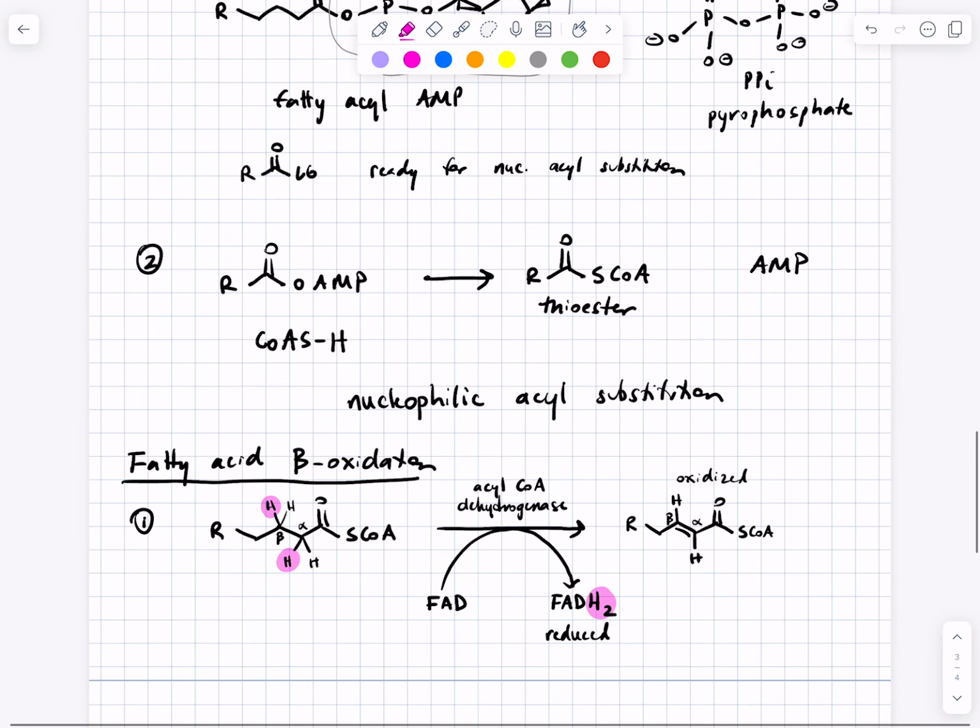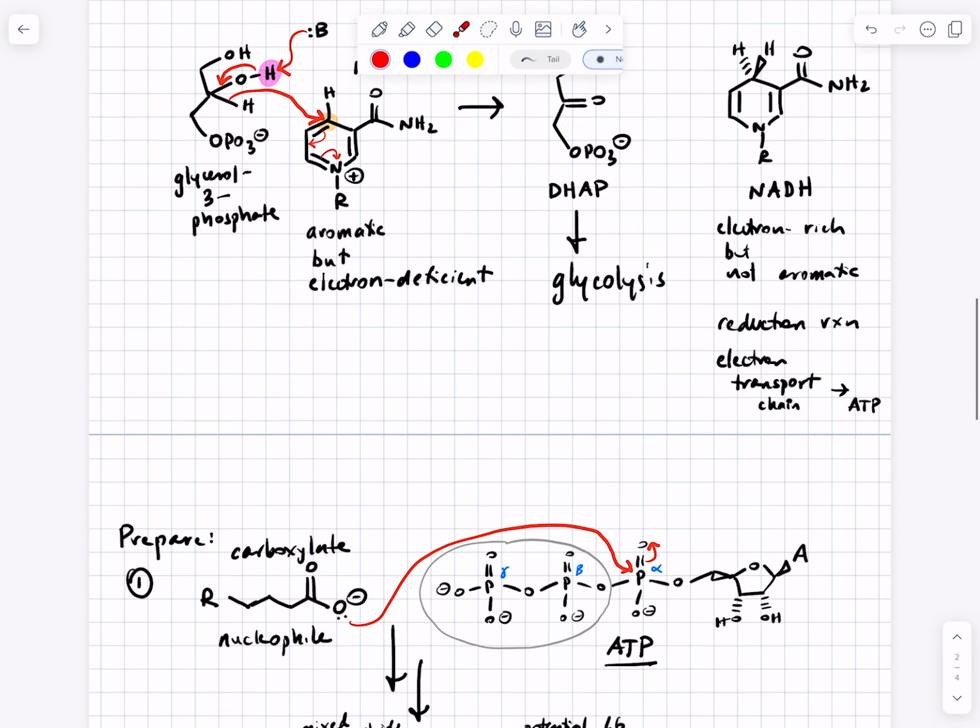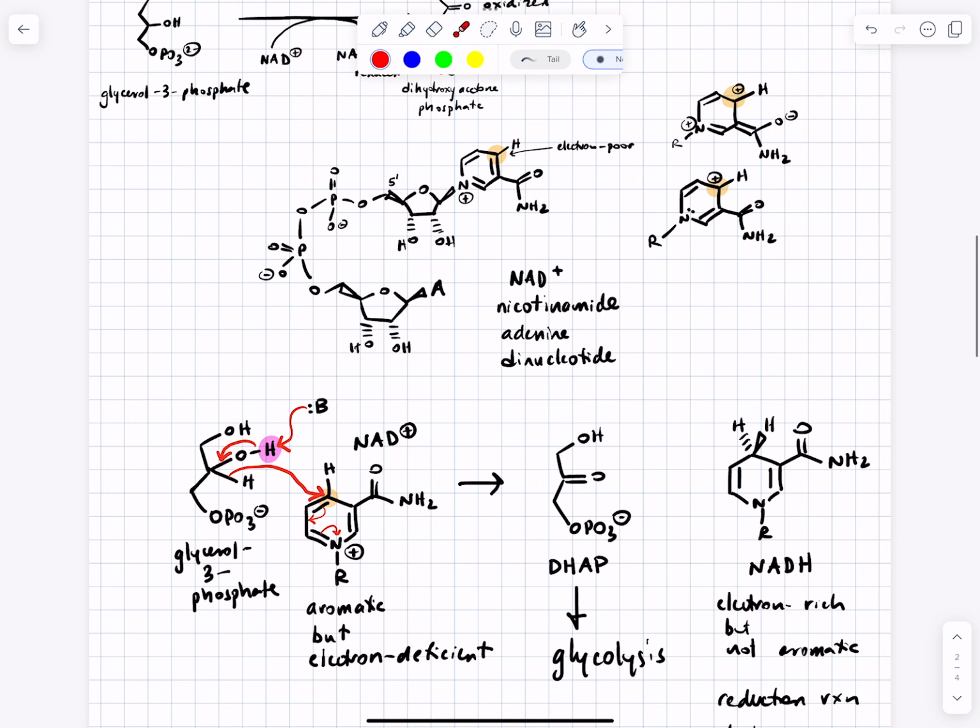Interestingly, FAD has exactly the same structure as NAD+, only the N-glycoside is different. So I'm not going to redraw all of FADH2 for you. I'm not going to draw the adenine portion and the phosphate bridge, or even this ribose ring. I'm just going to put an R group on it, but you're going to have to remember that that R group is all of this.